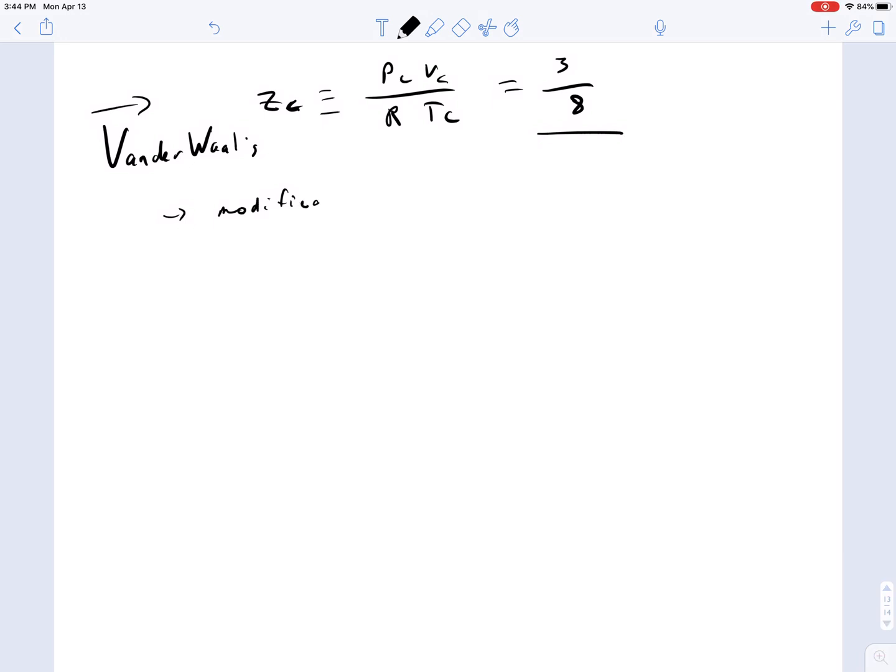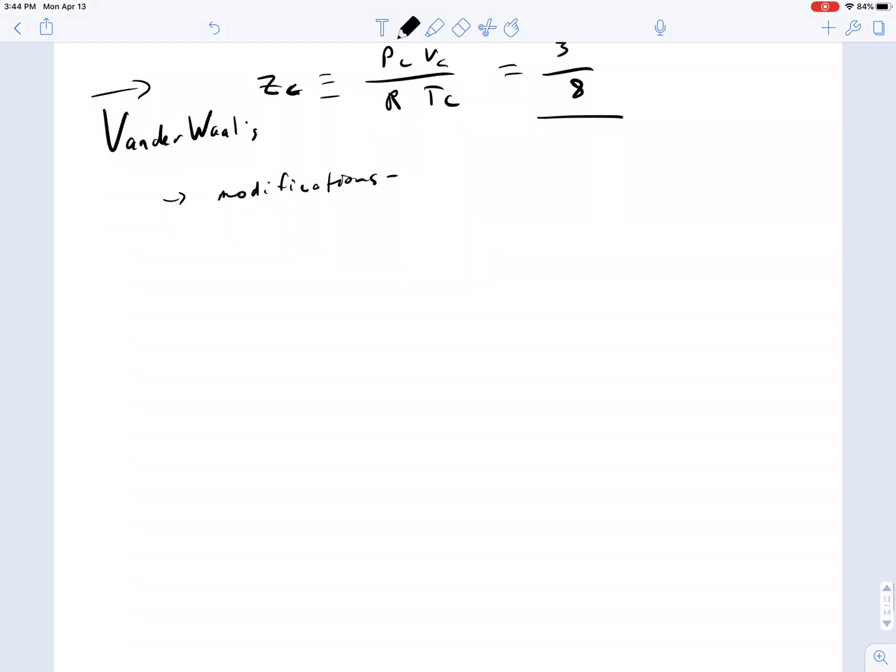So the modifications have to do with capturing more information about the materials. It can get insanely more complicated, even for simple materials like water.